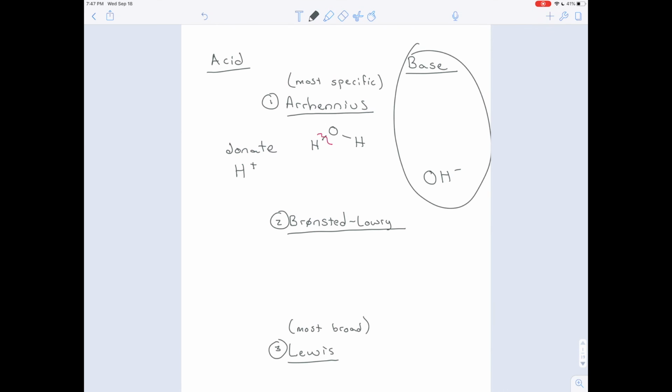And he noticed that solutions that had a lot of OH-, those made things taste less sour. So anything that added an OH-, that would be a base. So those are Arrhenius acids and bases. For example, HCl, the acid in your stomach, is an Arrhenius acid because it can give away this H+, and you'll have a Cl- left over.